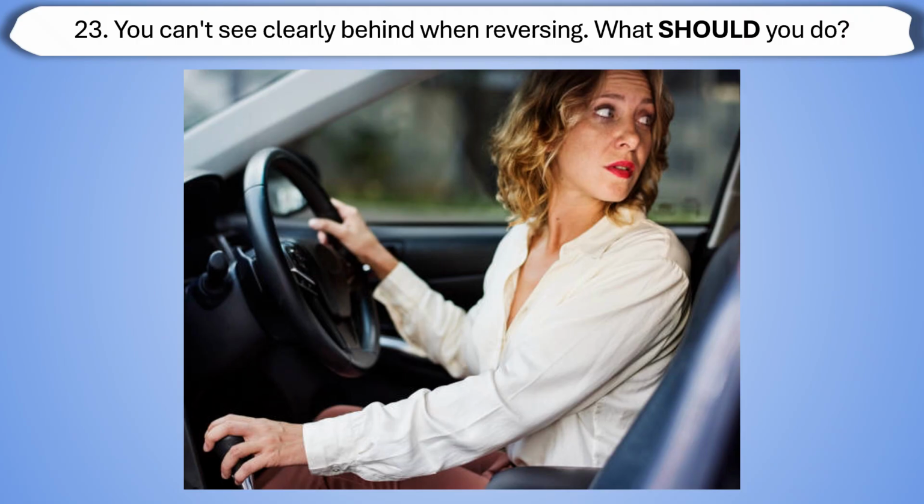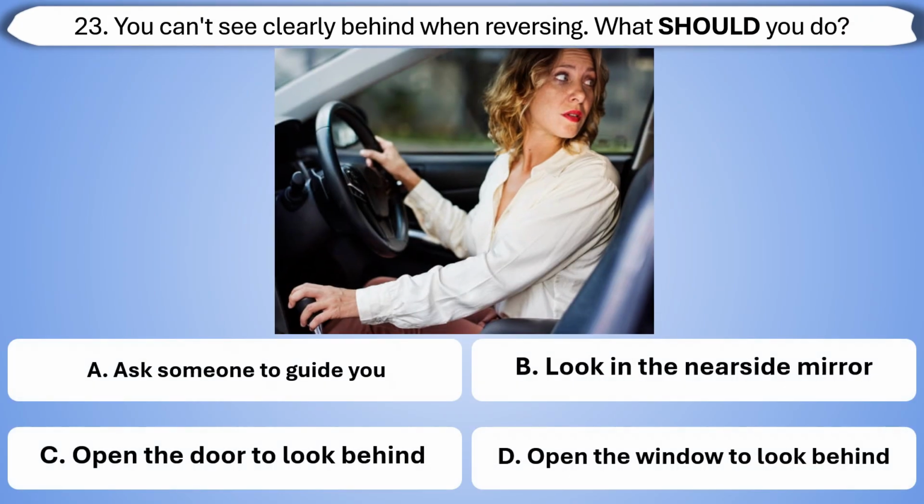23. You can't see clearly behind when reversing. What should you do? A. Ask someone to guide you. B. Look in the near side mirror. C. Open the door to look behind. Or D. Open the window to look behind.